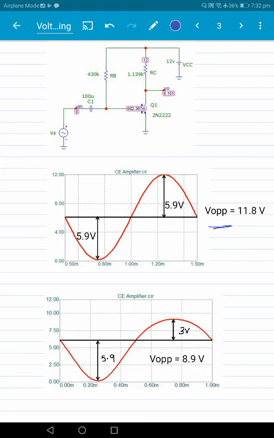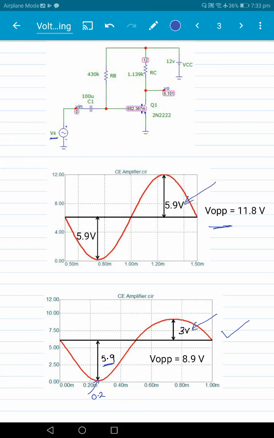If we simulate this particular circuit, this is what we get. If we increase the value of Vs such that you just enter the saturation region, at 0.2 you will get a 5.9 volt swing. But the surprising thing is that on the positive side, you're getting only 3 volt instead of 5.9 volt.